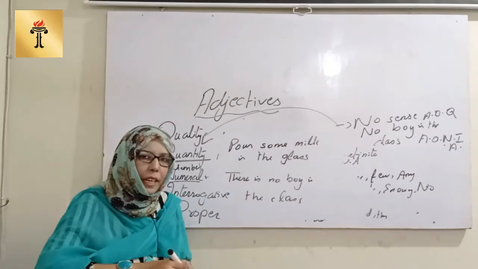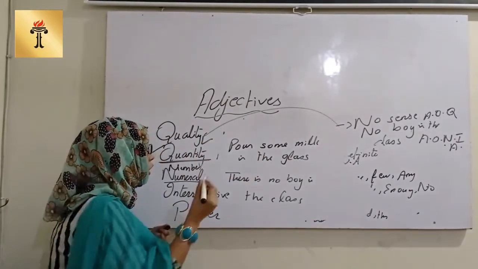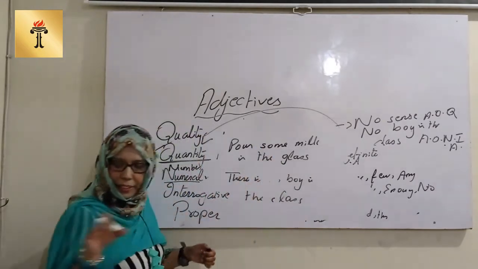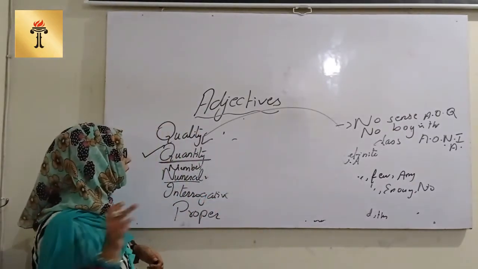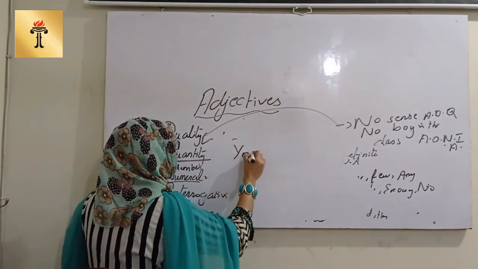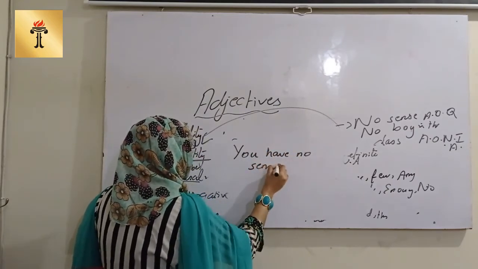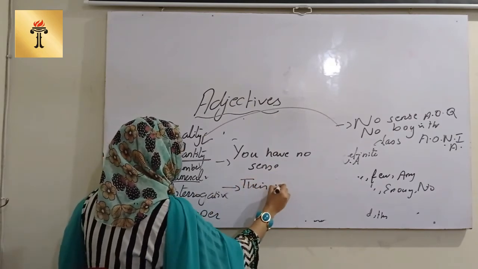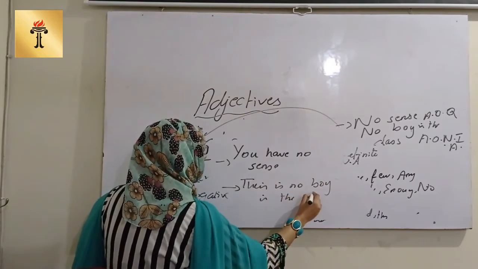Now please attempt it, what I have told you previously about the role of the word. In the sentence I have written there is a little mistake, so let me write it again. Suppose you have: there is no sense, and next is: there is no boy in the class.